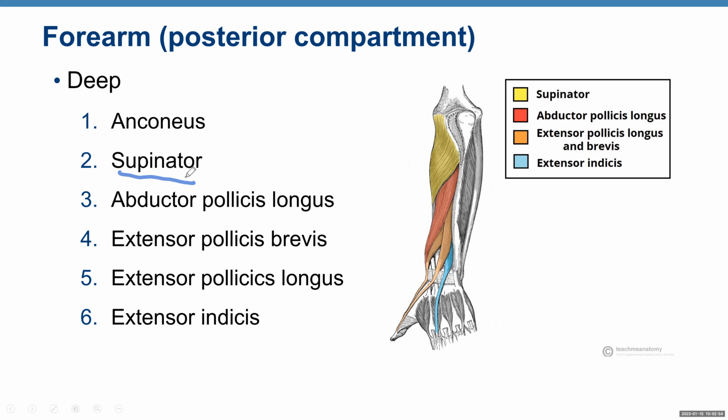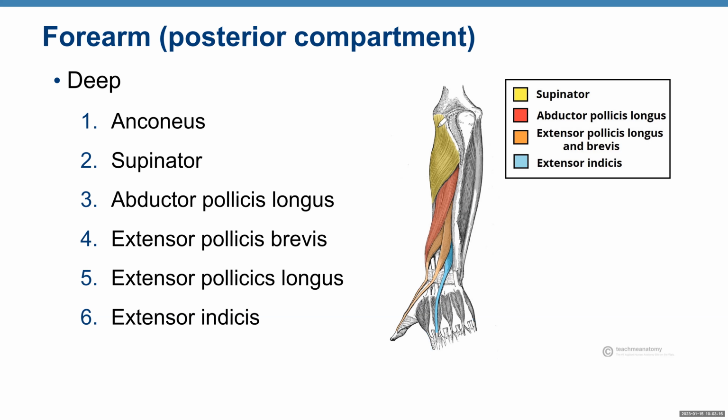Supinator, supinate, right? So move your palm upwards. Abductor pollicis longus, it abducts. So it takes your big finger, your thumb, away from the hand, and it has a long tendon, right?